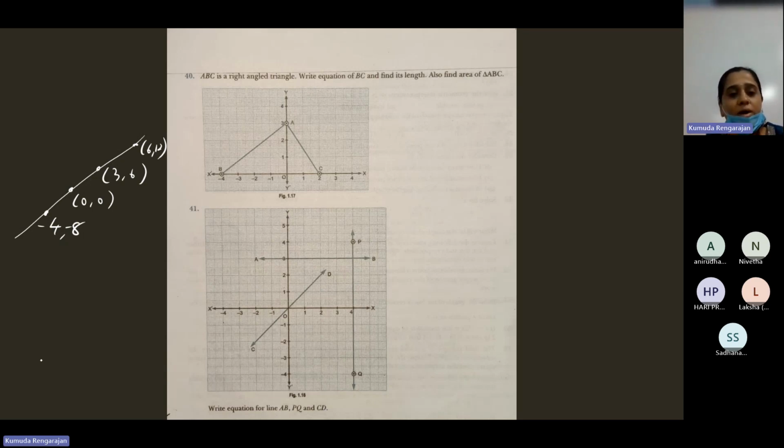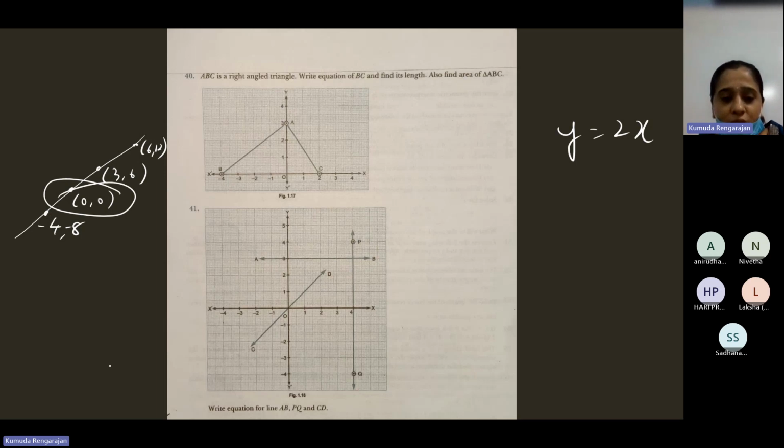You see that the y coordinate is double the x coordinate, right? Y is 2 times x. Everywhere, 12 is 2 into 6, 6 is 2 into 3, minus 8 is 2 into minus 4. The y value is 2 times the x value. That only is the equation. Y is equal to 2x. Constant will not be there because it passes through 0, 0.